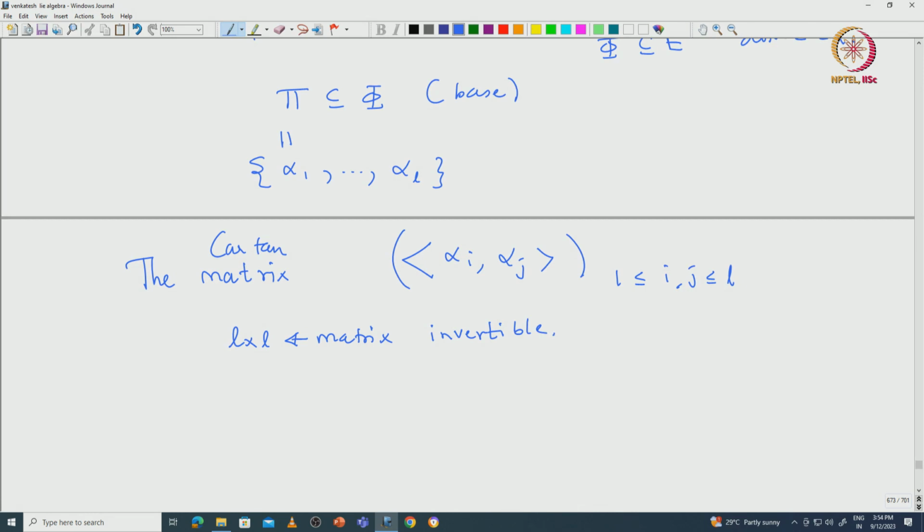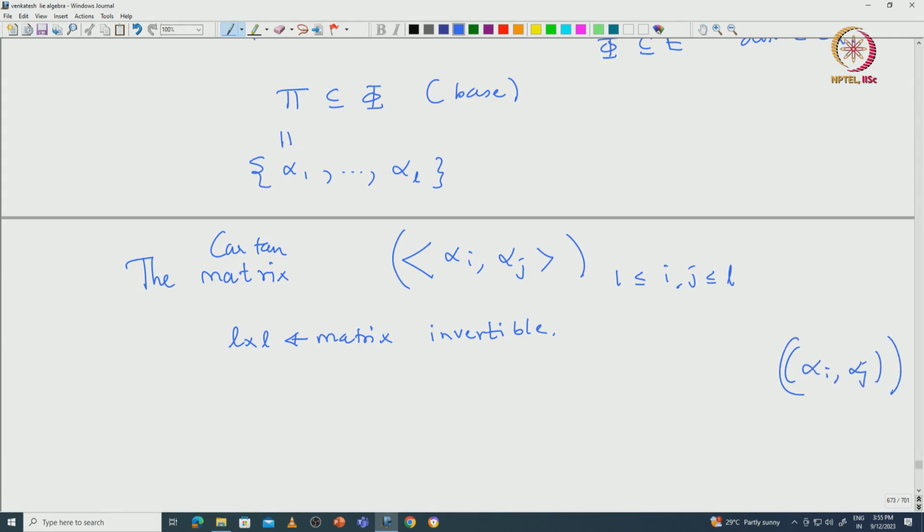If you think about it, we have already seen that this matrix is closely related to the inner product, since capital pi is a basis and the inner product is positive definite, and you take the inner products (alpha i, alpha j) to form this matrix.